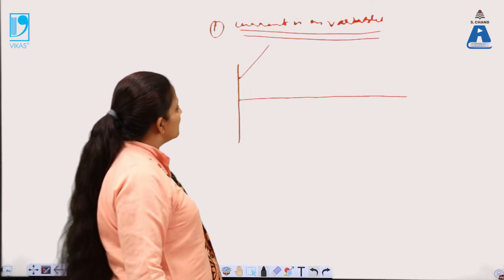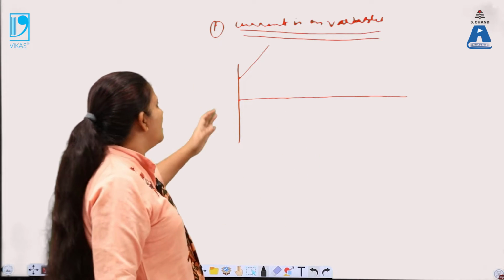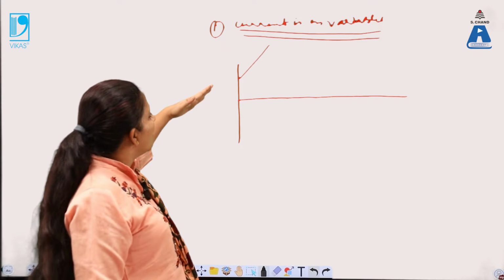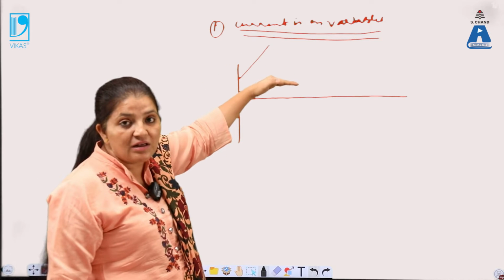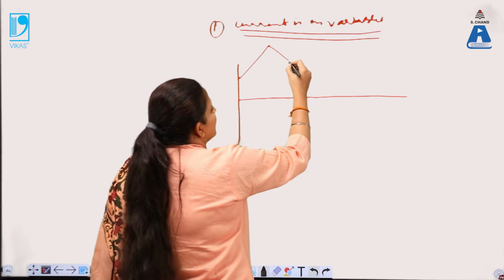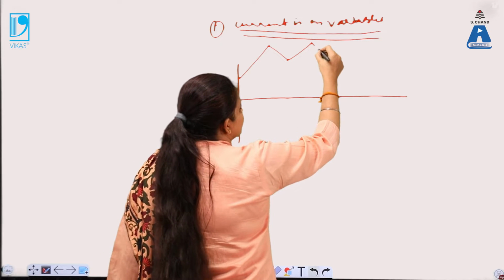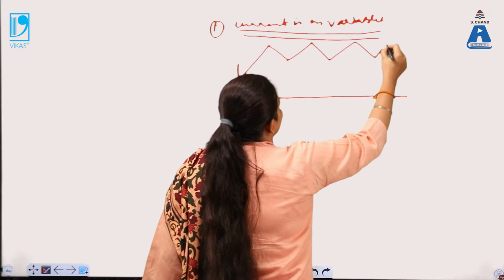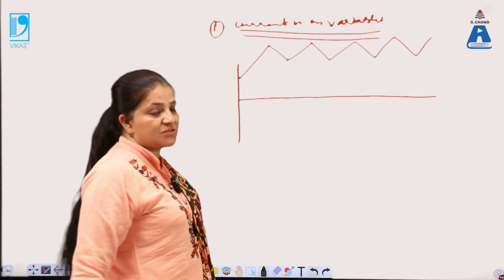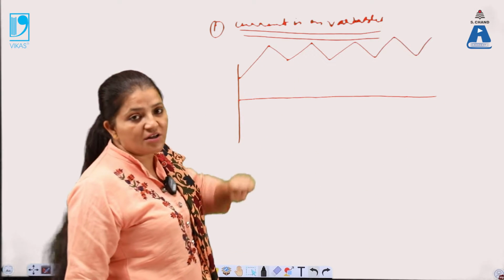In the previous case, for the positive half cycle when there occurs charging of the capacitor, the current will increase linearly, then again it will decrease, then again it will increase. So this represents the charging and discharging of the capacitor. This is the value of current in this case.